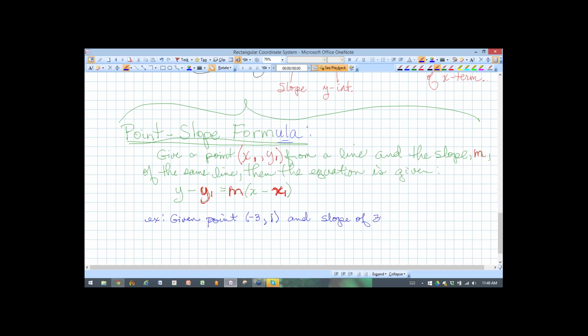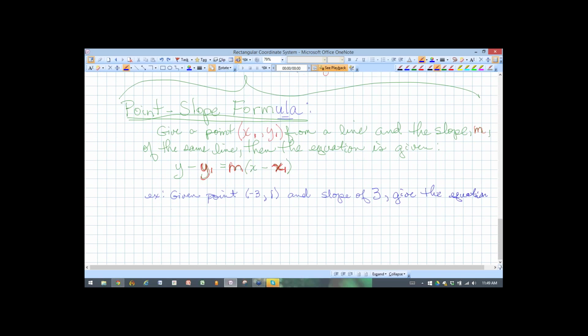Give the equation of the line. I'm not going to tell you what form to put it in just yet, because I'm going to put this in all of the forms if it comes out pretty. I'm going to wait till I get a good one, though. Give the equation of the line.